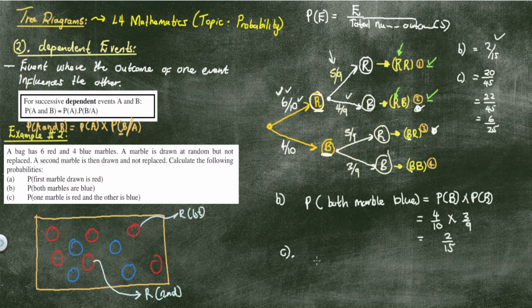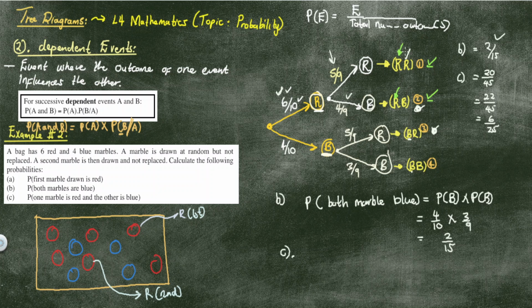But remember the question says one marble is red and the other is blue. The question doesn't say you must start with red or start with blue. It just says one must be red, another one blue. It doesn't matter which one you start with, right?